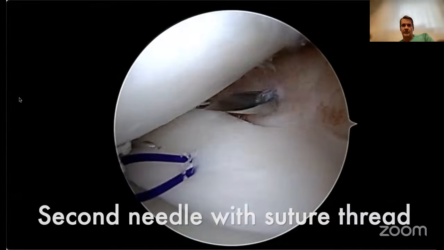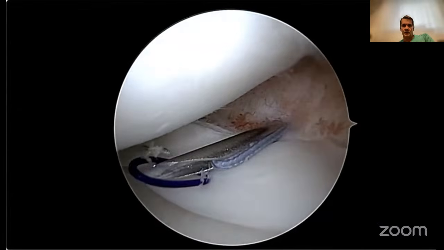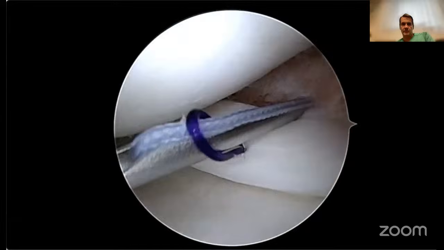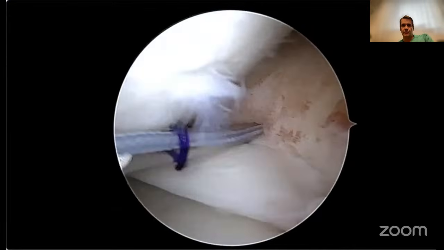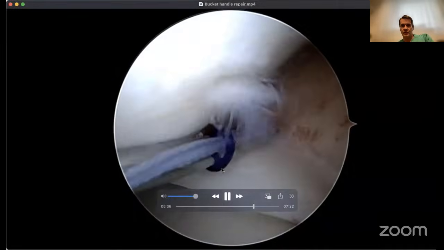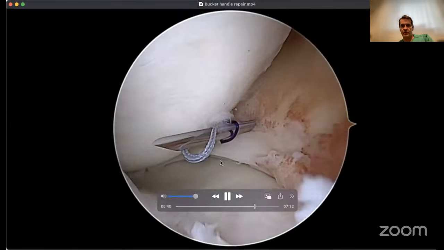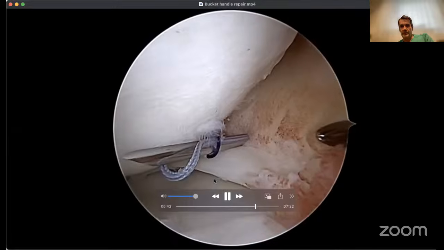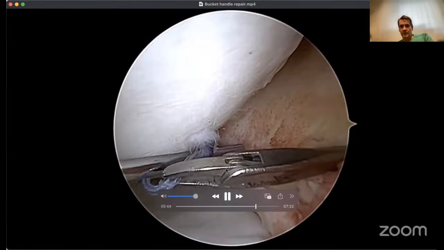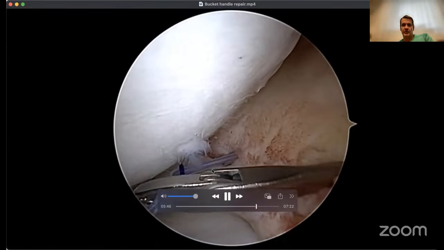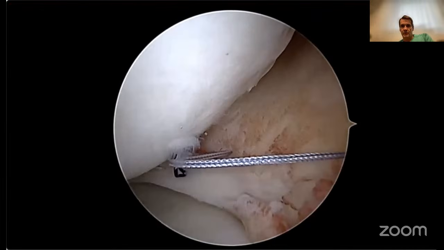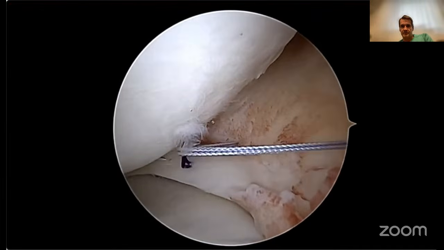Here in this case, I did a vertical suture. You can do vertical and horizontal suture with this technique, and you can place also suture here below the meniscus and above the meniscus, depending on your repair result.